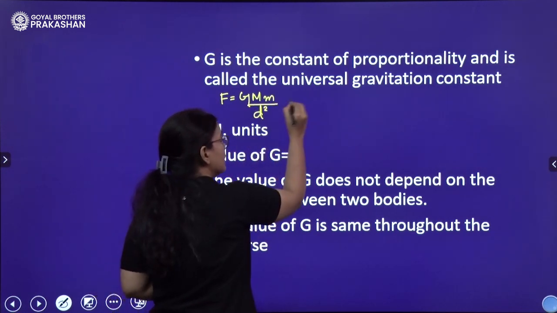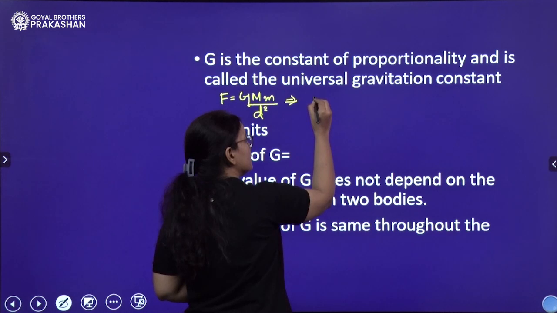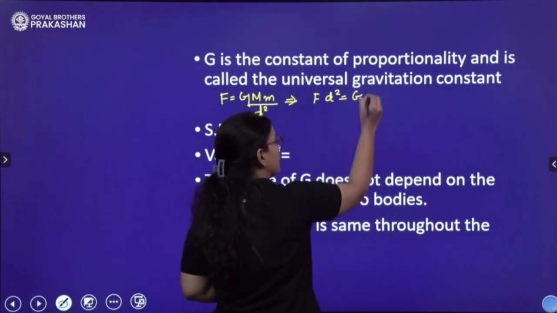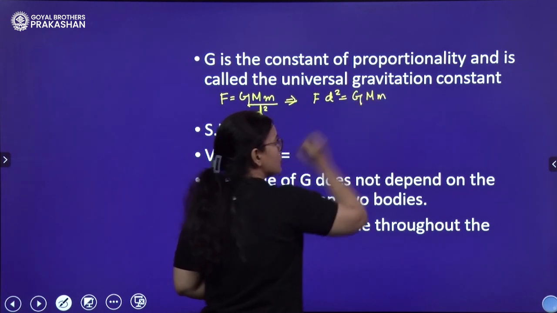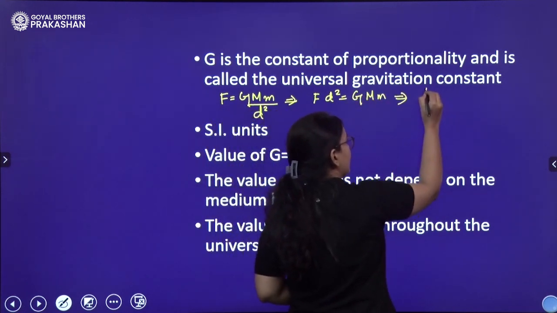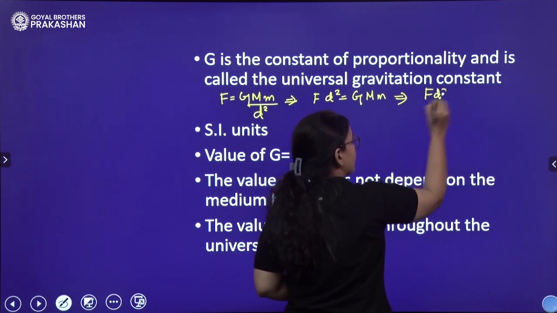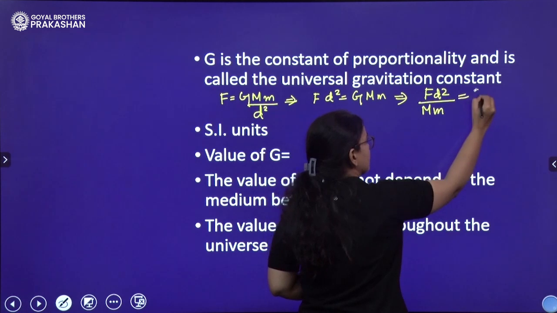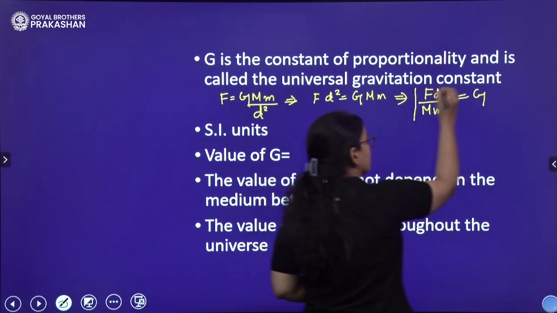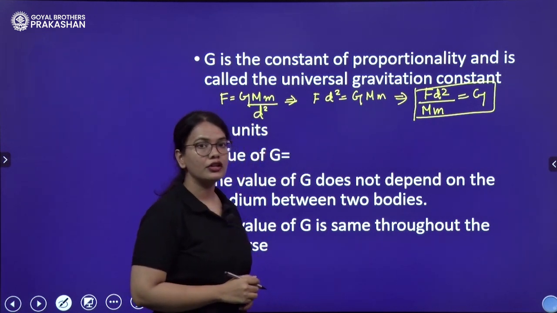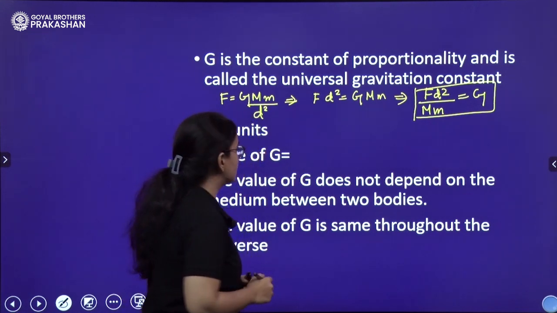So from here you can conclude F d square is equal to G capital M into small m. Take this into the denominator. Therefore, G equals F d square over M m. So this is the formula for universal gravitational constant.